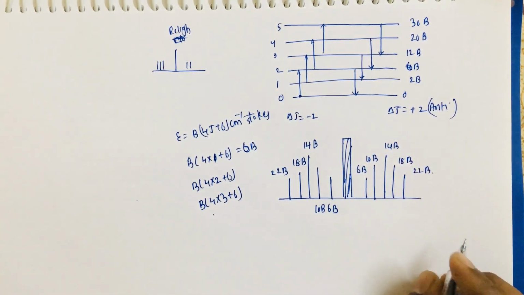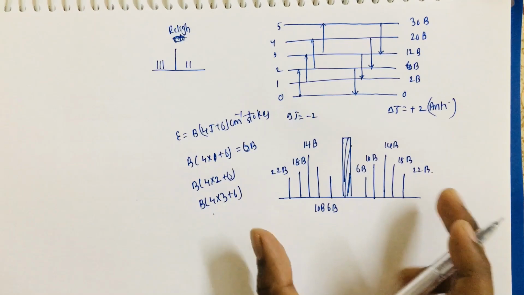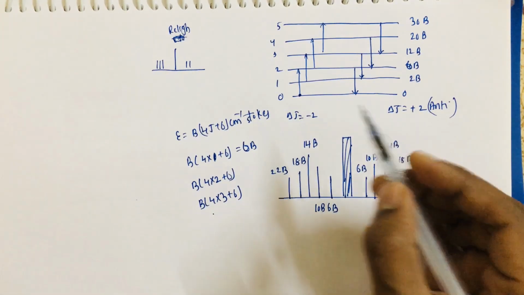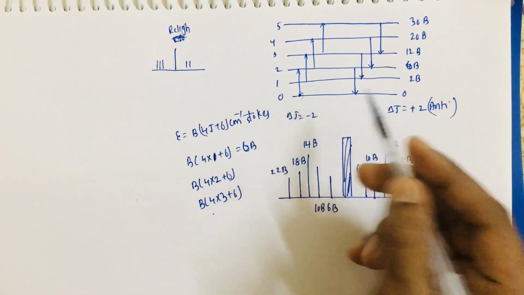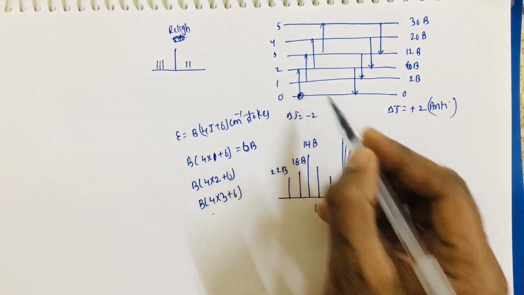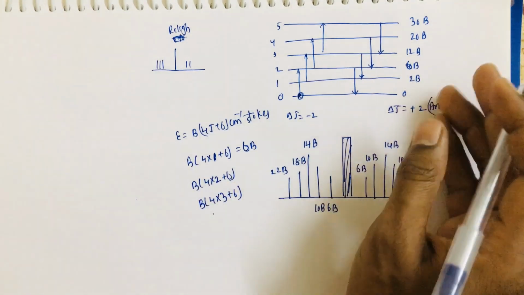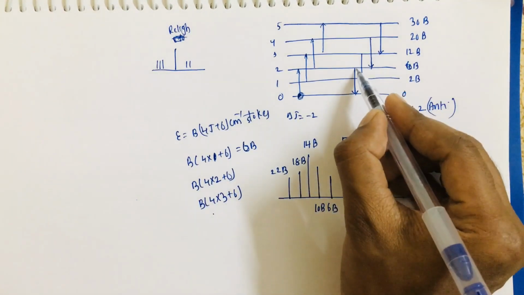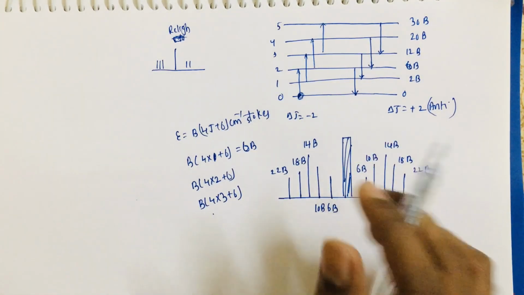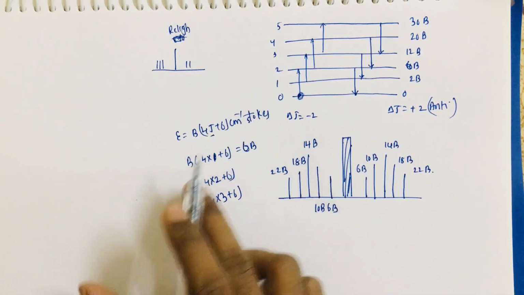You don't need to learn this diagram by heart. It's very simple. Just remember that you have to take only the lesser energy level. Here the transition is going from 0, so we have taken 0. But in the anti-Stokes line, the transition is coming from higher to lower. Always imagine that on both sides we have to use the lower J value to calculate these energy levels.